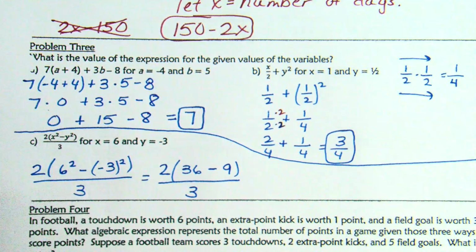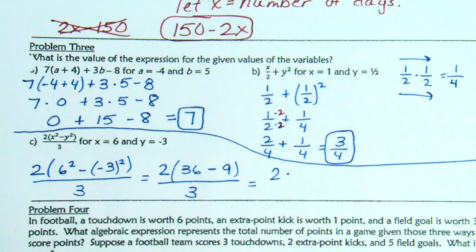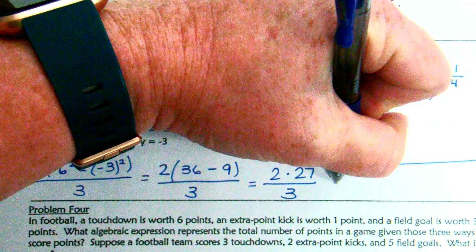Now what? Okay. Finish inside those parentheses. Subtract 9 from 36. So now I have 2 times 27, all over 3. Now what?